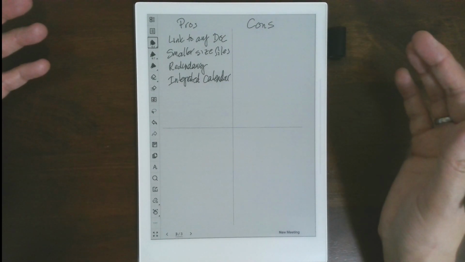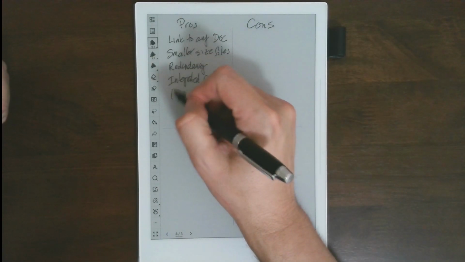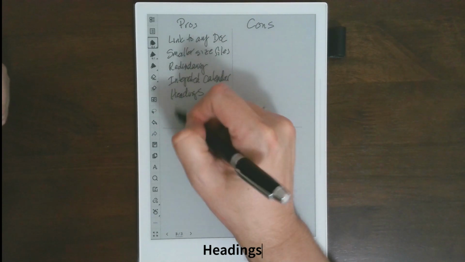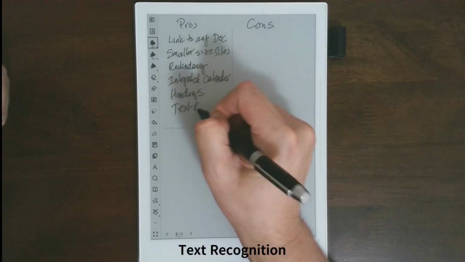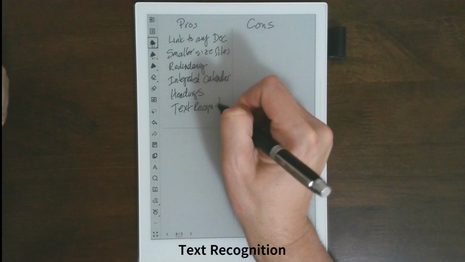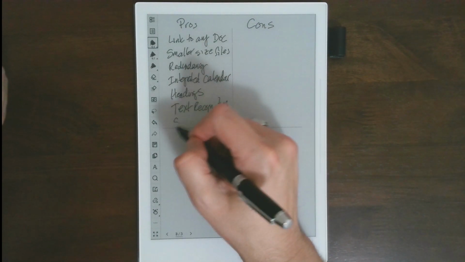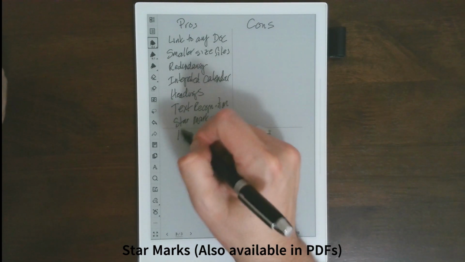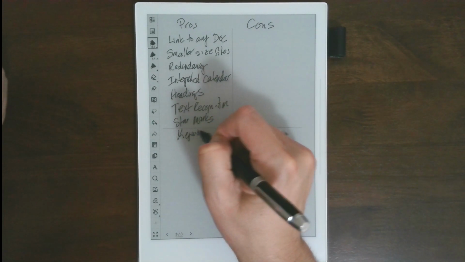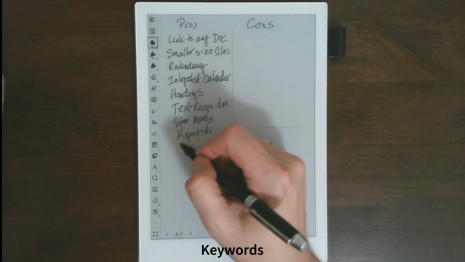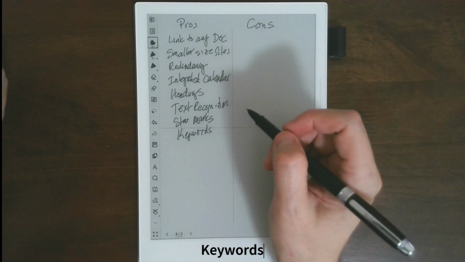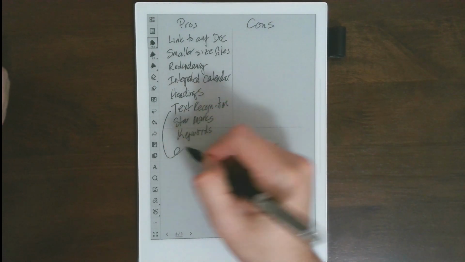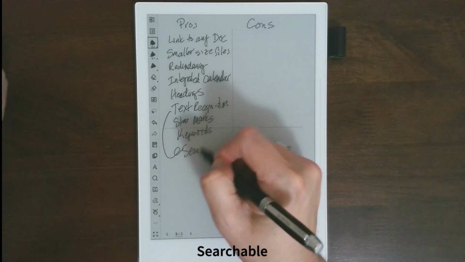What are some other pros here? Well, you have headings, text recognition, star marks, keywords, and because of the text recognition again, searchable.